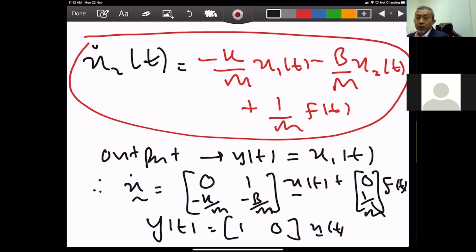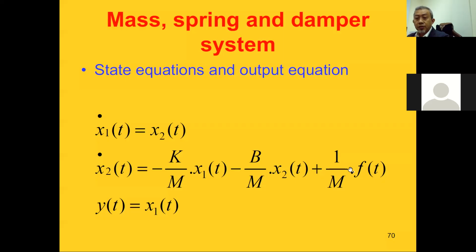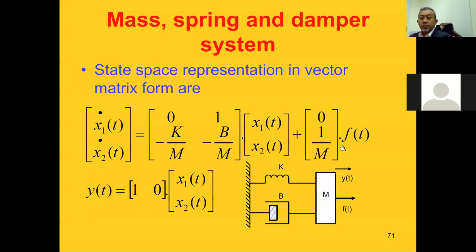So it will be similar to your slides here. There you go. That is the state space representation of the mechanical translational system.